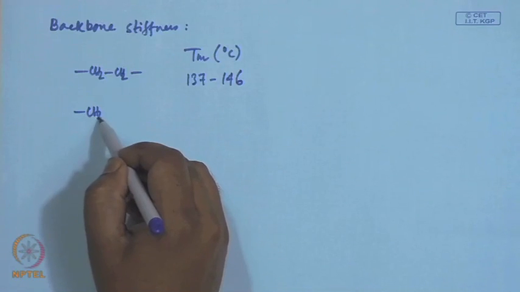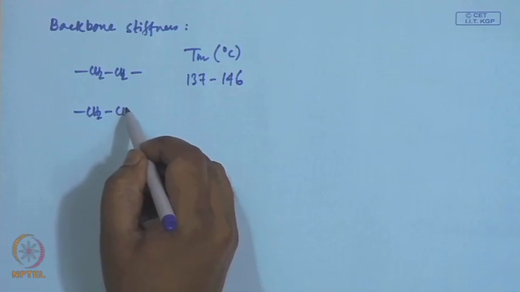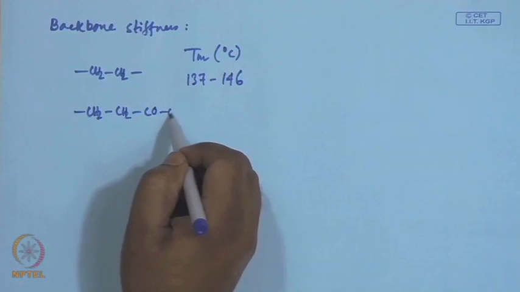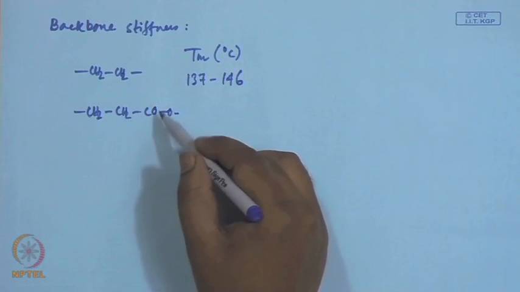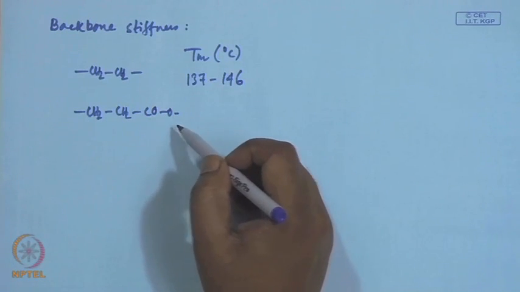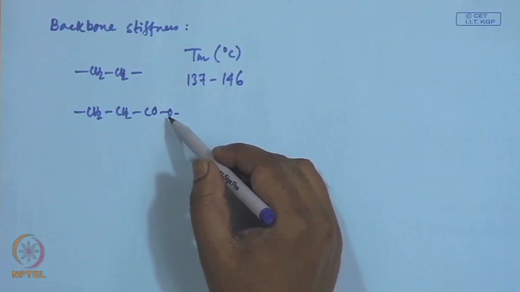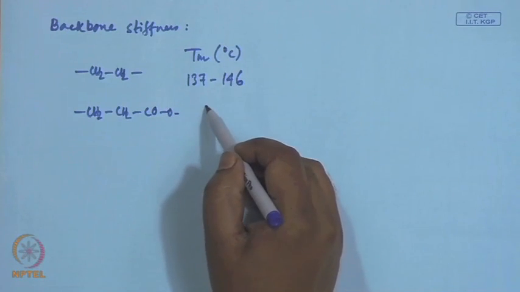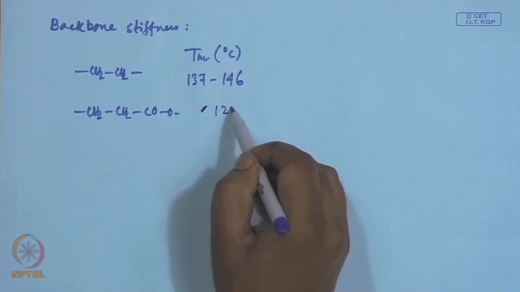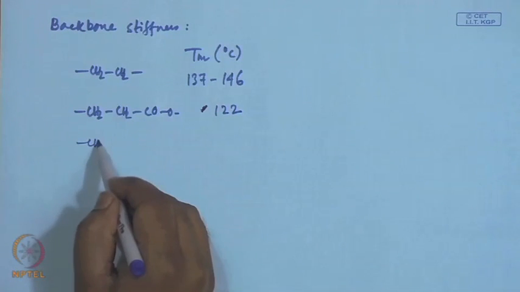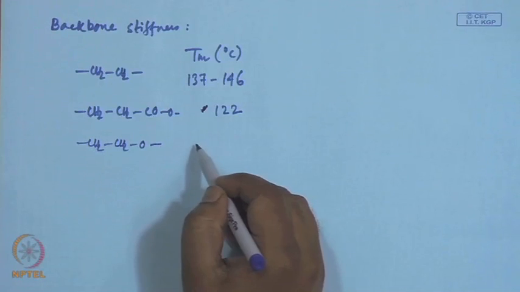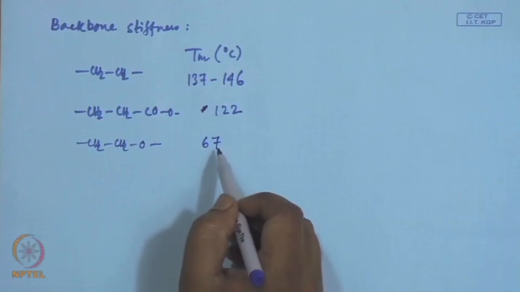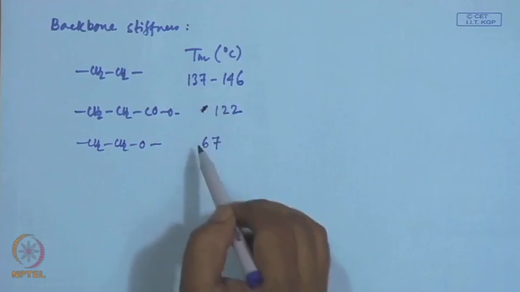If you introduce a flexible group in the backbone, then flexibility goes up. So, delta S goes up. So, your Tm goes down. So, it comes to around 122. If you just have an ether linkage, then flexibility goes up even higher, and you get a drop in Tm value.